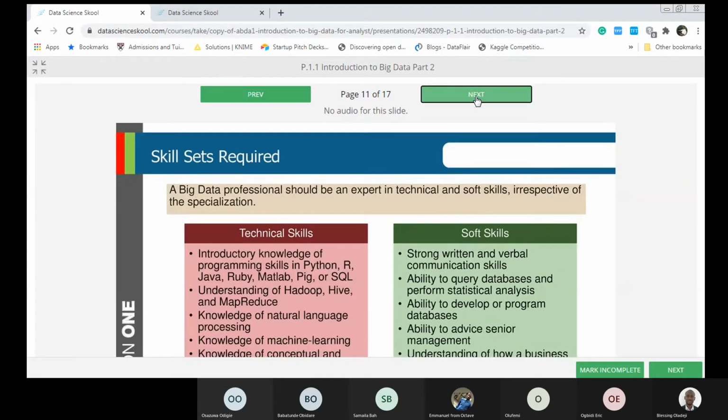We do two trainings, two DASCA trainings in Octave Analytics. We do the data analytics training and the data engineering training. There's a third one, which is the data science training. There are very few people that enroll into that training.